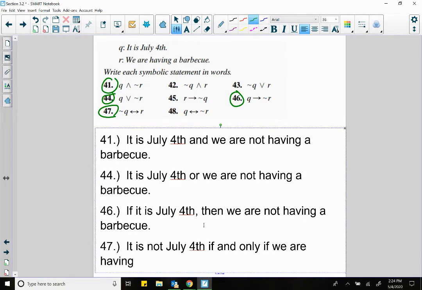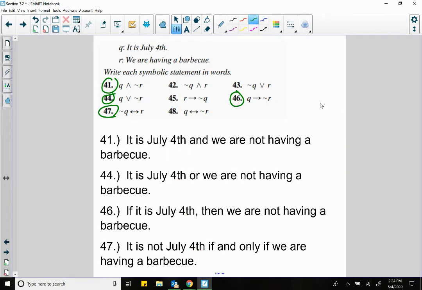Having a barbecue. And there it is. Just like what we were talking about before. Nothing crazy. You're just taking what they give you and putting it into a sentence. And again, like I said, in your assignment, you're going to be looking through multiple choice.